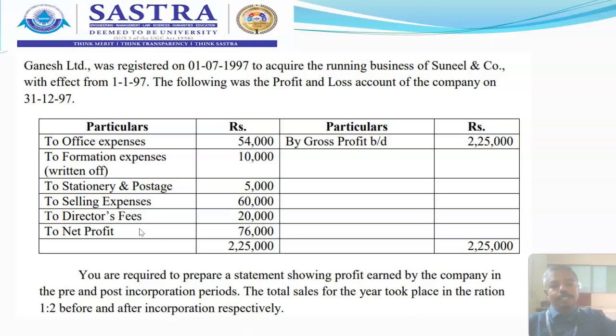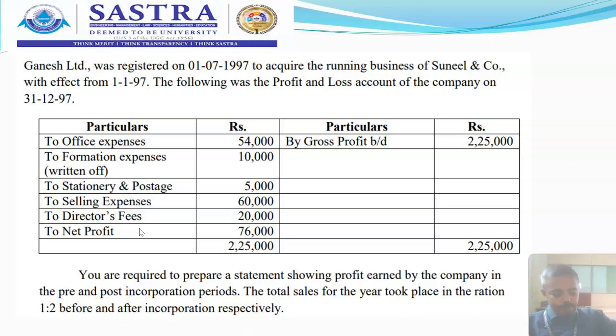Now the last expense. We have only one expense left out in the question, that is selling expenses. Now we need to say, is that selling expense a regular expense or an irregular expense? Will it happen only at the time of incorporation or only before the business registers?